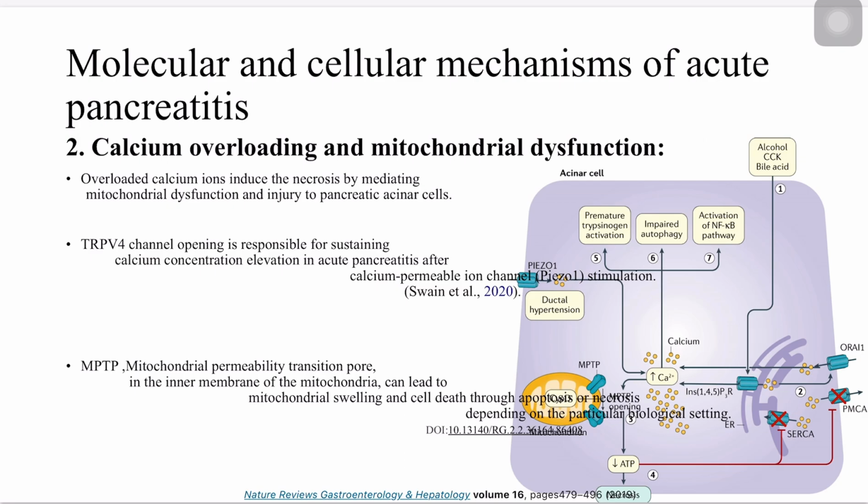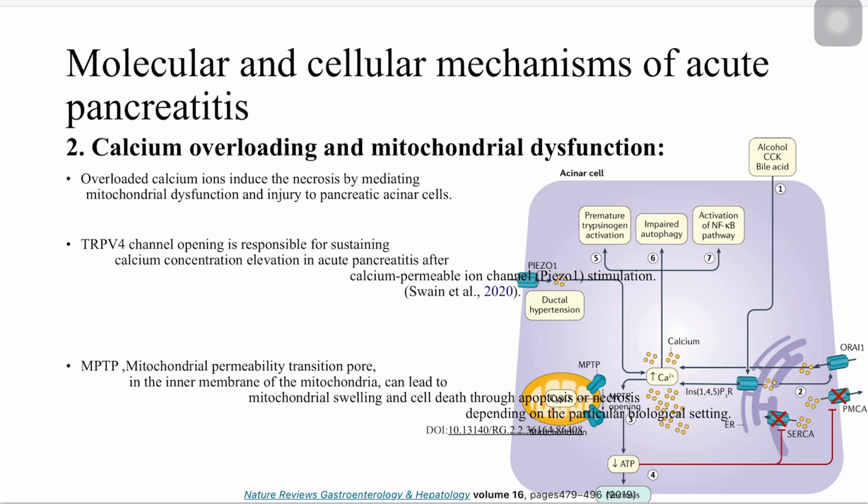I can show this cascade again. As you see, when the amount of calcium increases, it can affect the ductal cell with the help of MPTP, and also one of the reasons here is that calcium-permeable ion channel Piezo-1 stimulation can occur, and it can cause an increase of calcium.